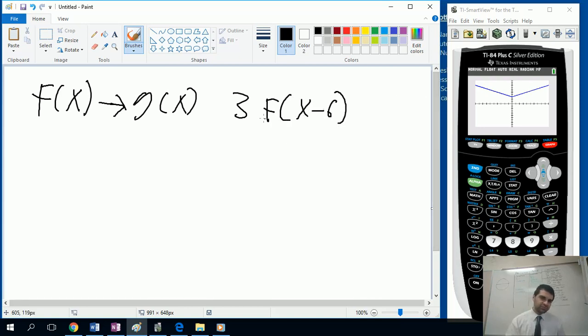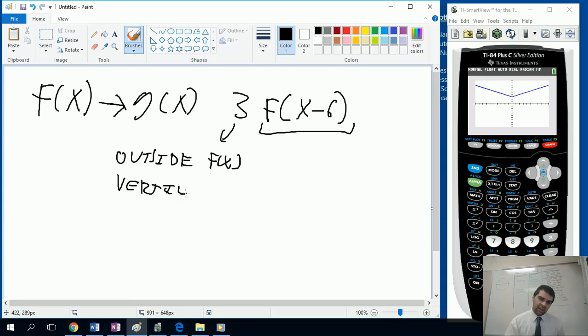So here this 3 is completely outside of our function. Because it's completely outside, that means it's going to be vertical. And vertical means it's changed the opposite way you think, which means it's going to be a vertical stretch by a factor of 3.